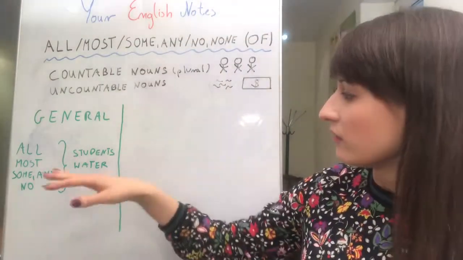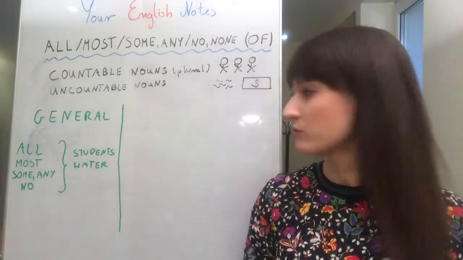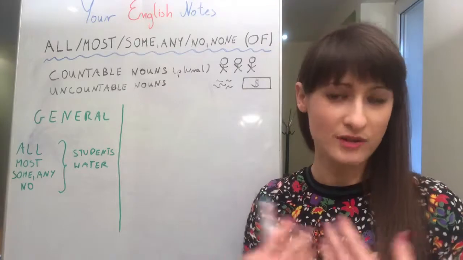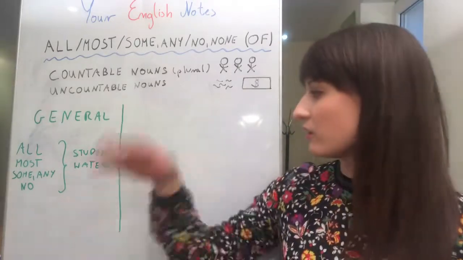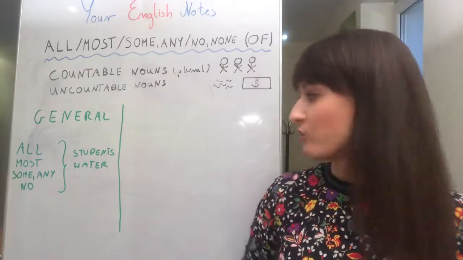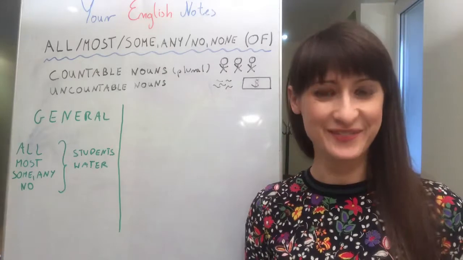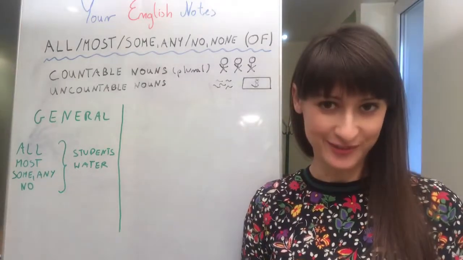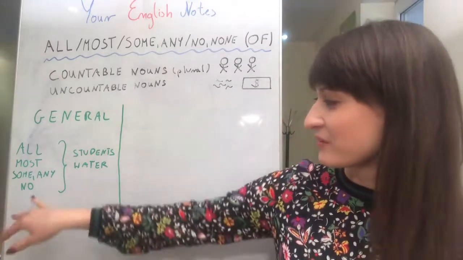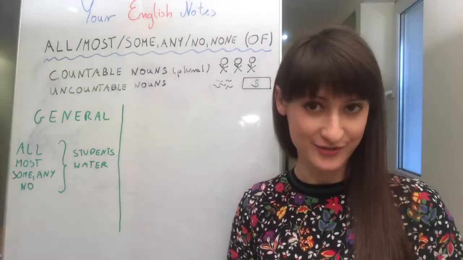So for example, all students go to school. This is general. I don't mean any specific students, not my students or students in this classroom, but all students generally. Most students don't like school, for example. Some students like school, but no students like school more than parties, for example.